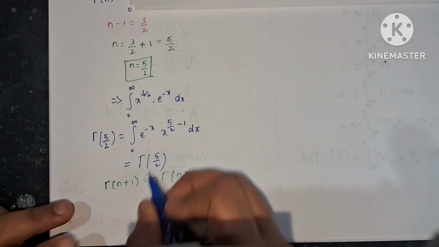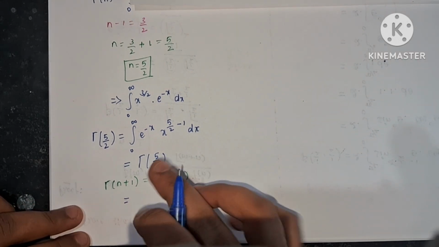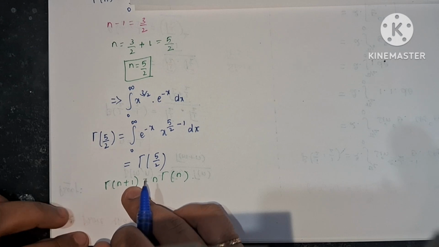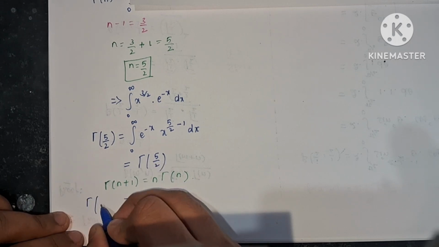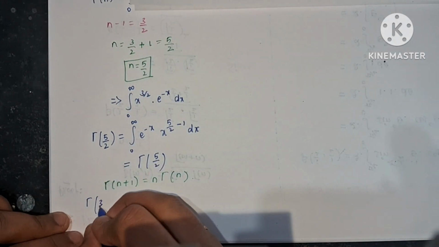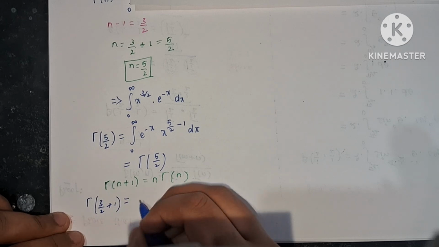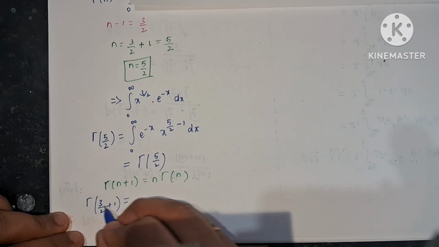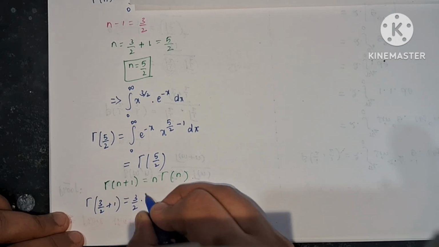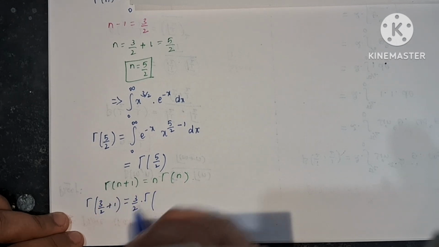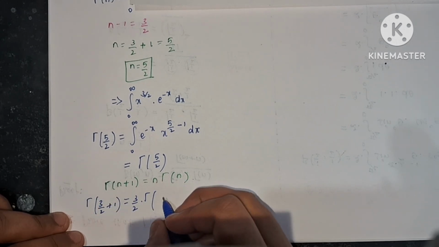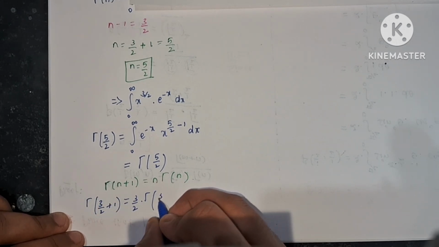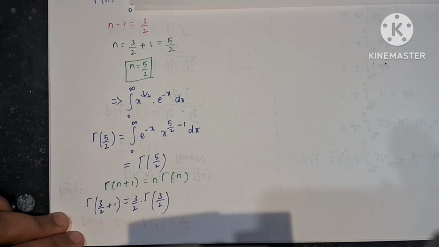Have a keen observation here. In the position of n plus 1, I will consider gamma of 3 by 2 plus 1. So what is our n value? It is 3 by 2.